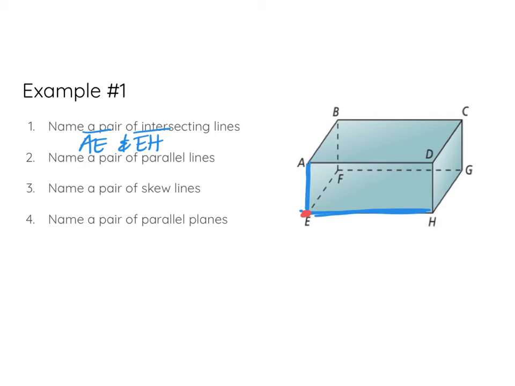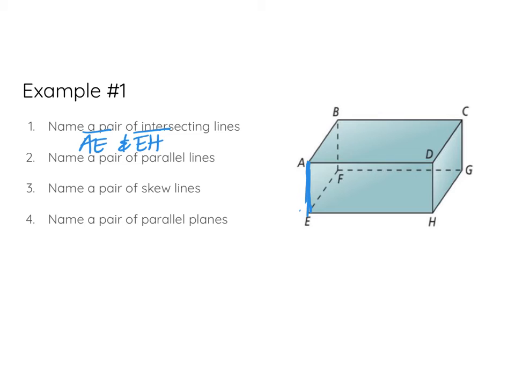I could also say AB and AE, and they would touch at point A. AE is the one that I originally chose. I could say EH, which we already mentioned. I could say AB. I could also say EF, they're going to touch at point E. And I could also say AD because they're going to touch at point A. So as long as they have one point in common, they're considered intersecting lines.